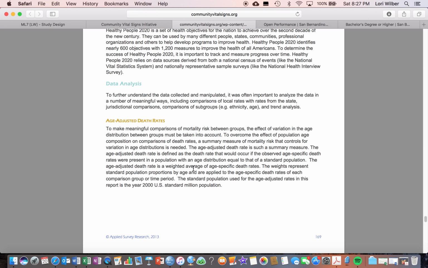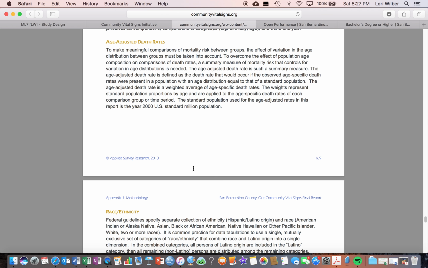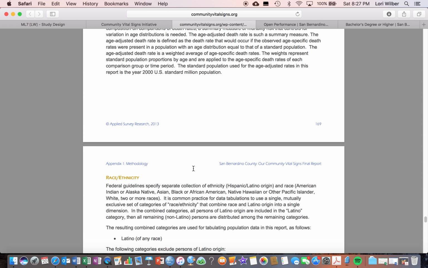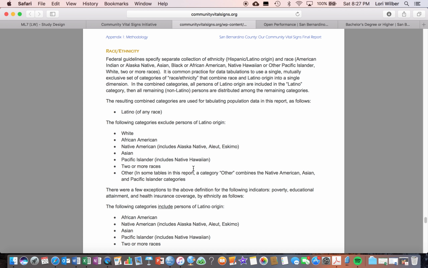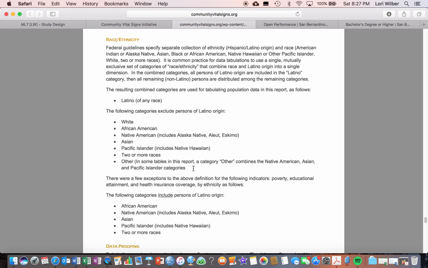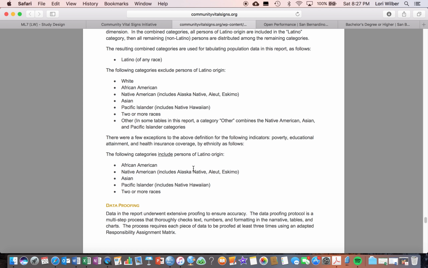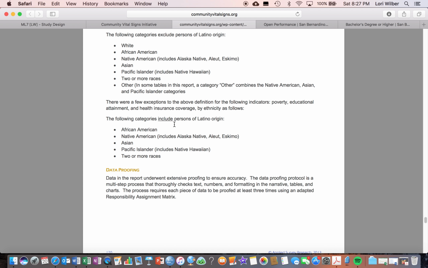Often in a report like this, it's pretty short. They don't go extensively, but this particular report does talk specifically about race and ethnicity because that's complicated, and so this can be an important predictive variable or an associated correlating variable.